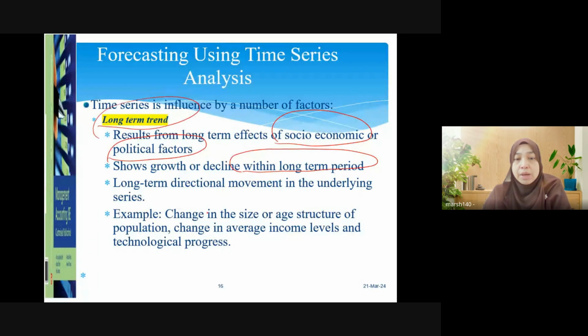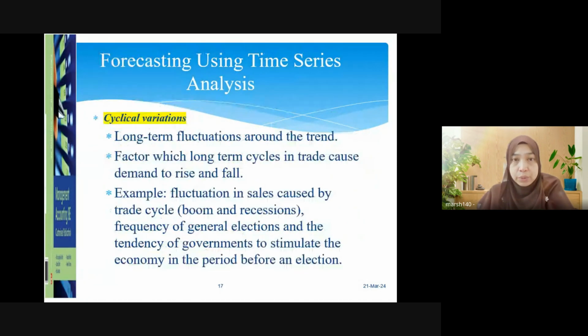For example, change in size or age structure of populations, change in average income level, and technological progress. Let's say you sell handphones. When technology changes, your sales volume for the old version may reduce. So for the long term, it will affect your value.